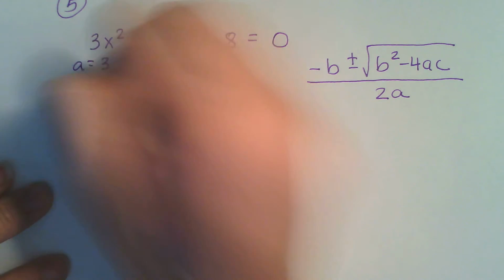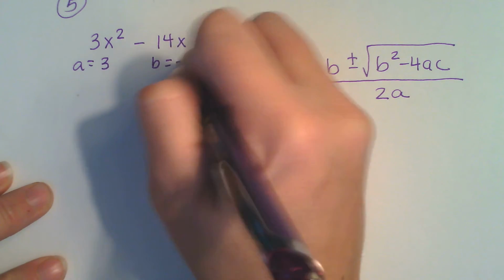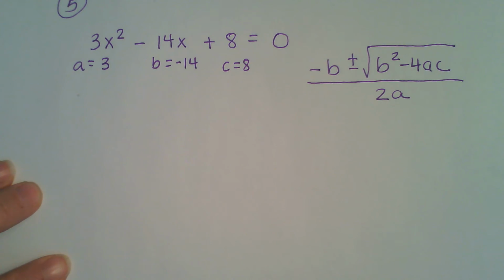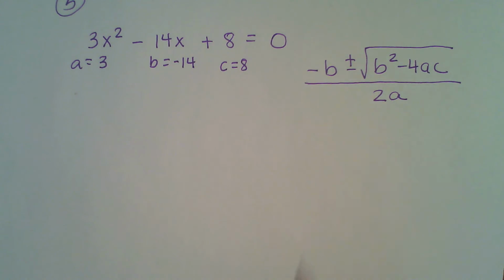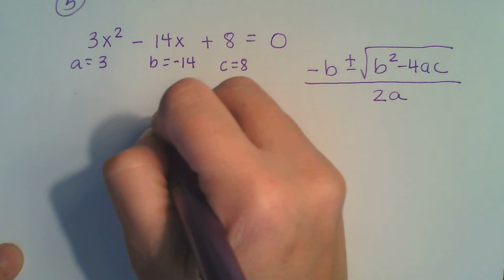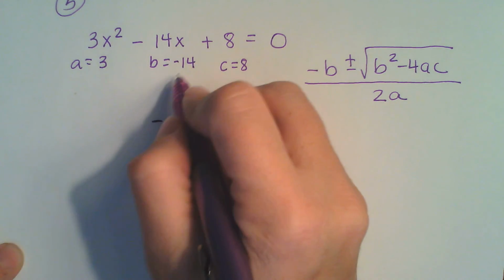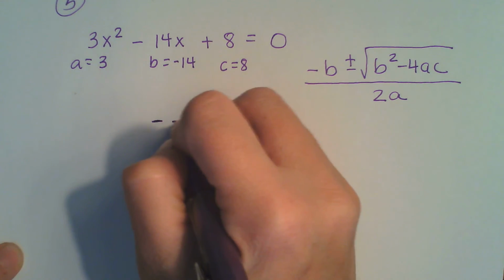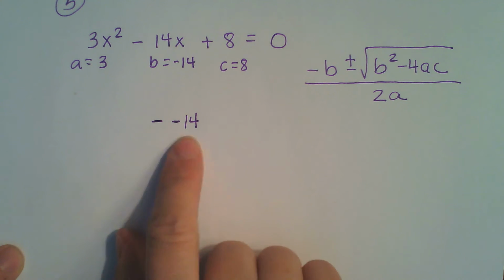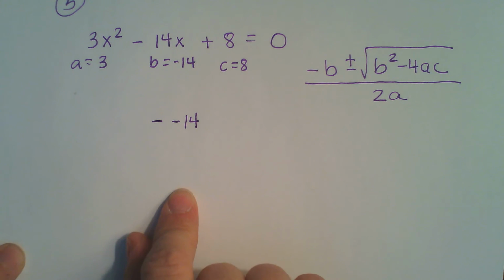A is 3, B is negative 14, and C is 8. So this time, when we put our b into this formula, there's a negative from the formula, and then I put my negative 14 in there. So what's going to happen right there is that's going to become a positive 14 in my answer.